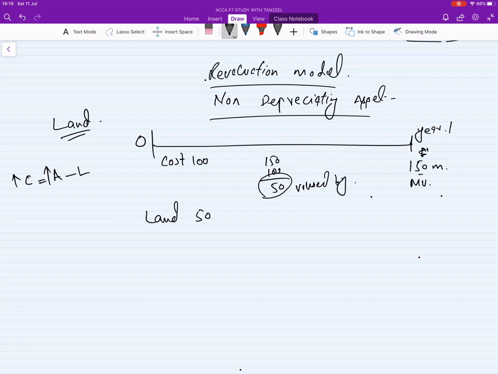Land debit. Why are you debiting land? Because it increases your asset. Once you are increasing your asset, it will increase your capital. But do not credit profit and loss. You cannot consider this as your gain because it's just an assumed gain, just a revaluation gain. It's not the original gain.